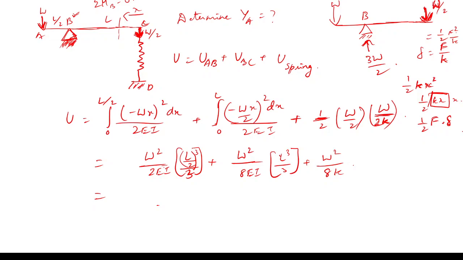But I'm thinking about this k value, R square by 2k. I don't know how they have replaced this k with EI.